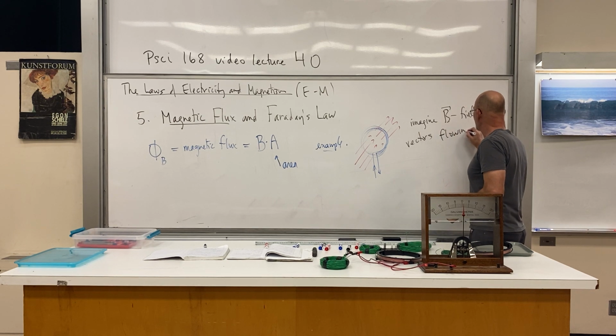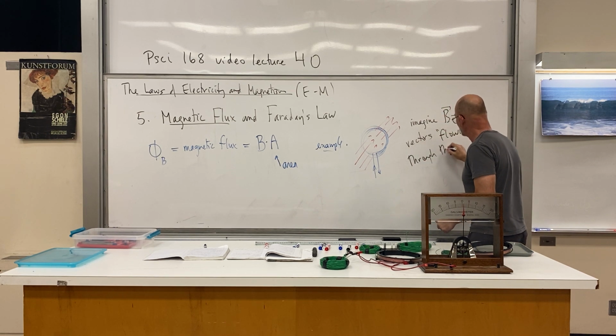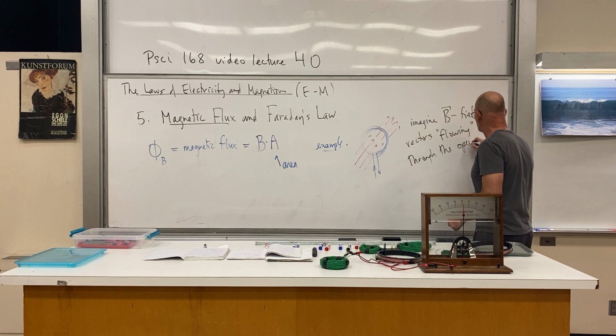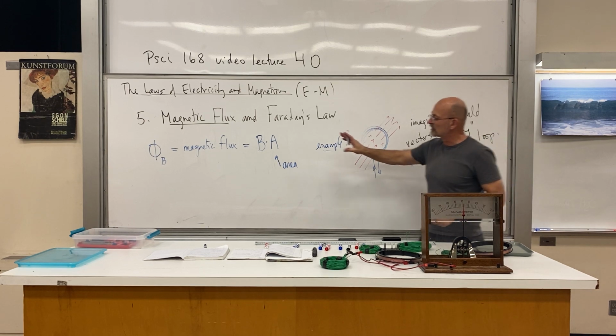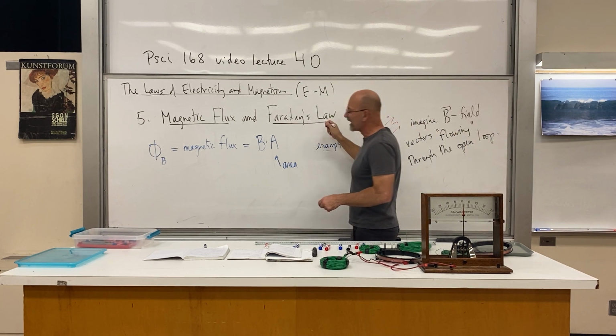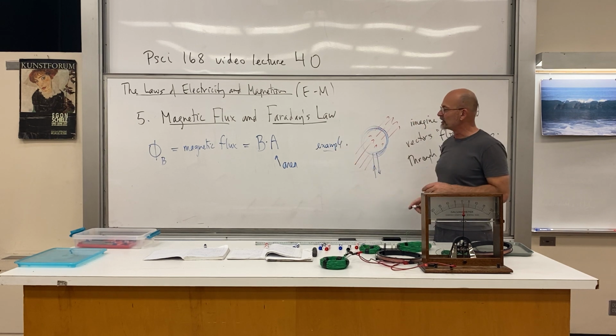Flowing, I'll put flowing in scare quotes, through the open loop. Okay. Flux. And again, you just look up Faraday's law, you'll find all manner of information and hopefully some pictures that help out understanding that. So that's the magnetic flux.